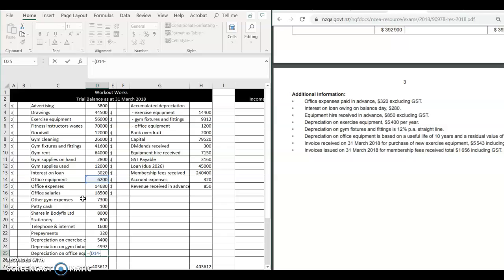We're going to minus $700 because that's what we're going to get for it at the end of its life, and 10 years, so we divide it by 10. So equals cost minus the residual value divided by the number of years, 550, and we'll add that to the accumulated.